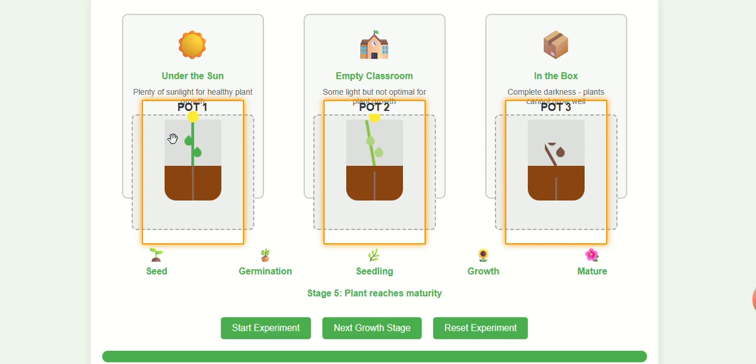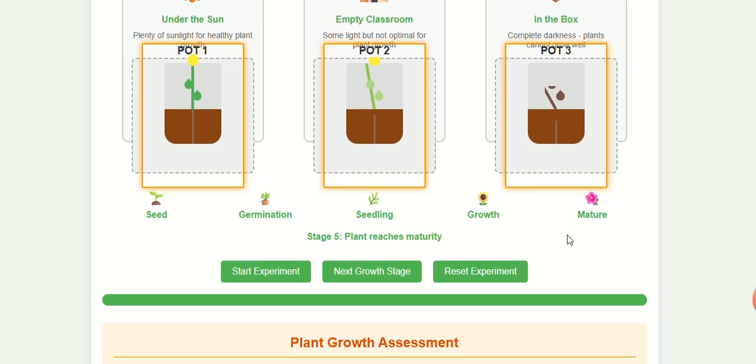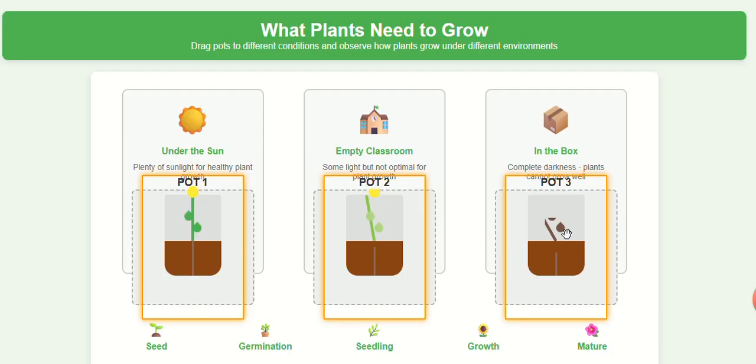They are going to be able to observe the differences between the first plant, the second plant, and the third plant. While this group is busy observing and interacting with the simulation, the other groups will be guided by the EA while they complete a worksheet based on making predictions on this plant growth.